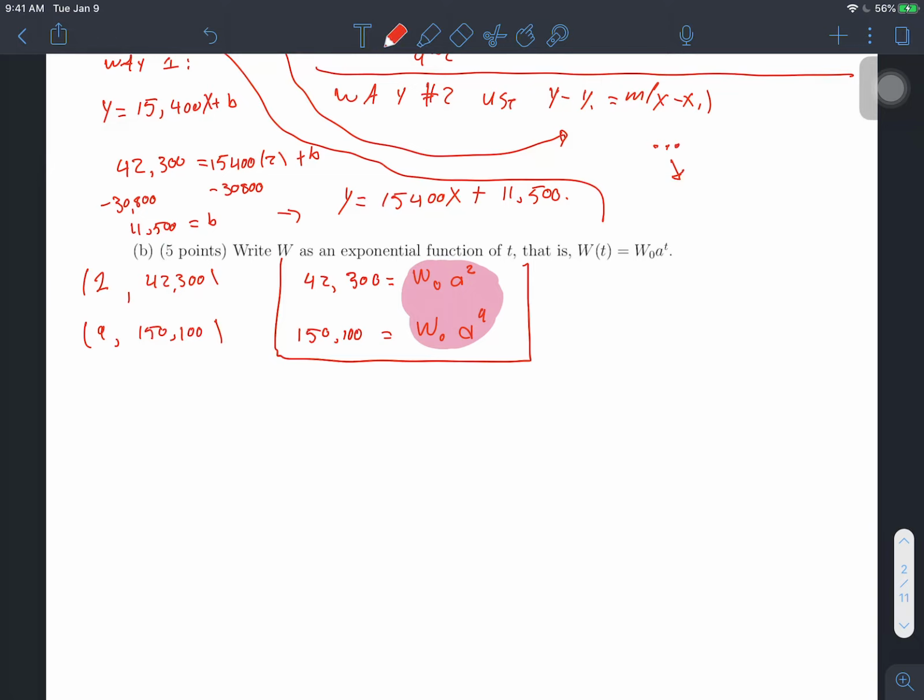So let's do that. We'll take the bottom one and divide it by the top. So we'll get W naught a to the power 9 divided by W naught a to the power 2 is going to be equal to 150,100 divided by 42,300.